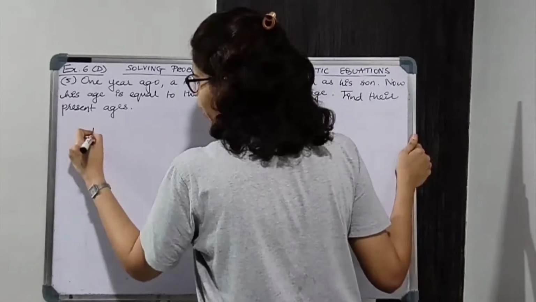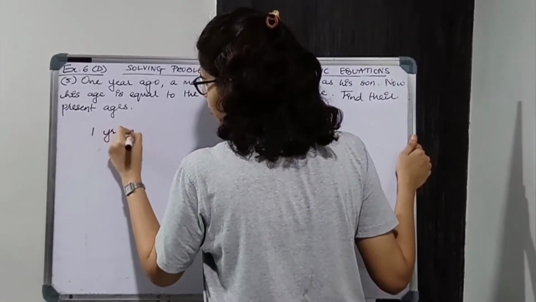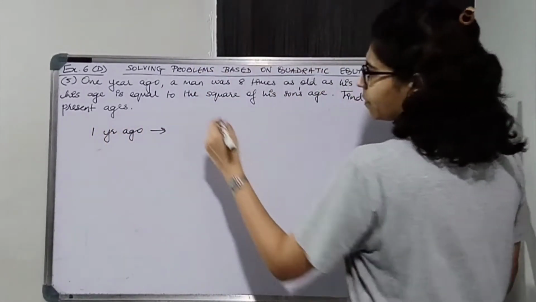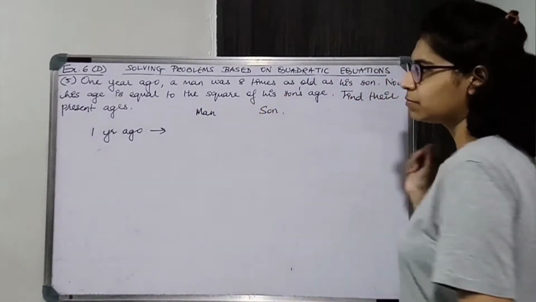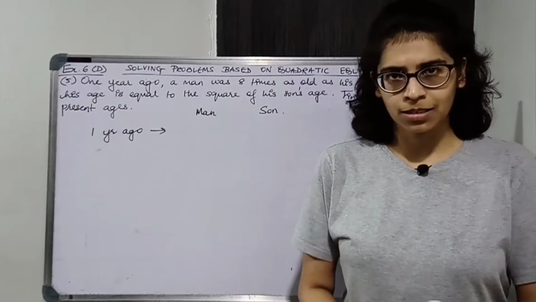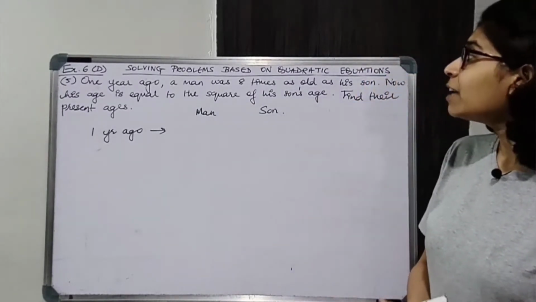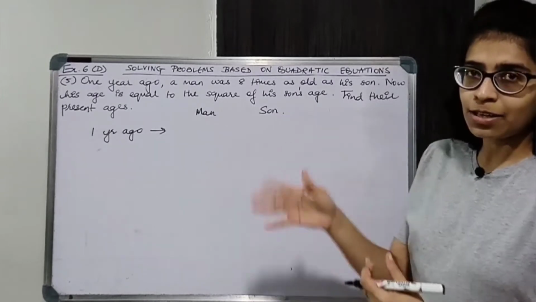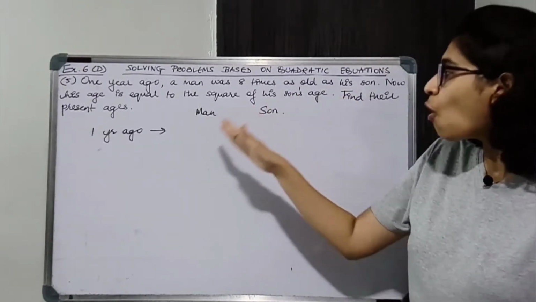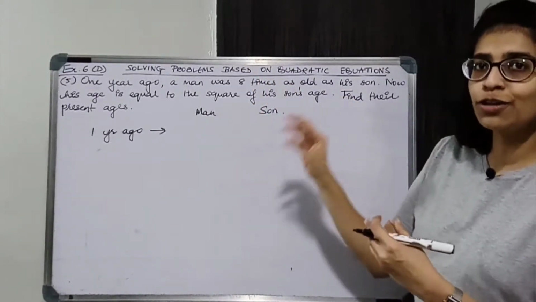So 1 year ago, age of man and age of son. Which one to take? X. A man was 8 times as old as his son. The age of man is dependent on the son according to condition.